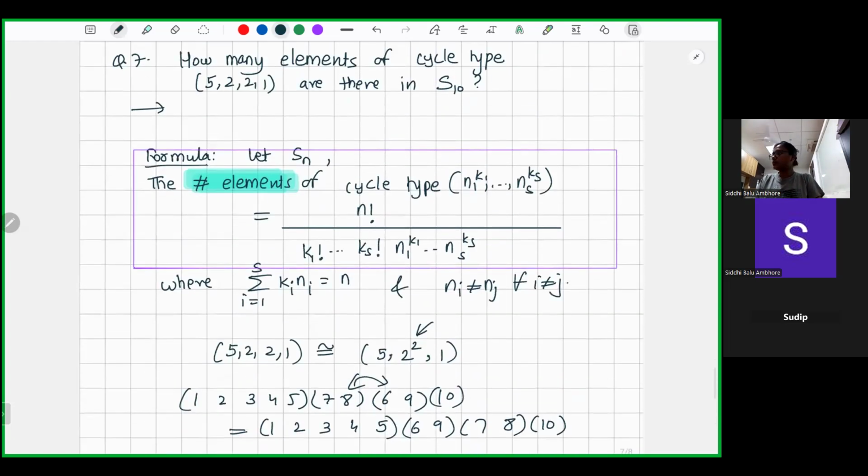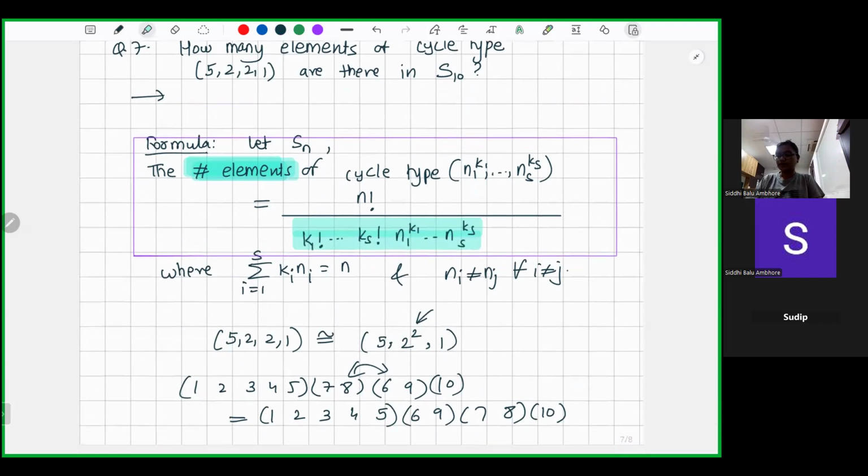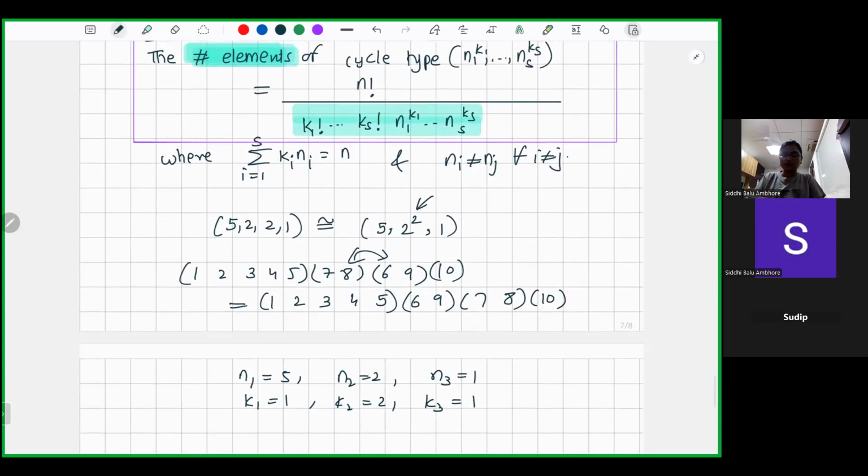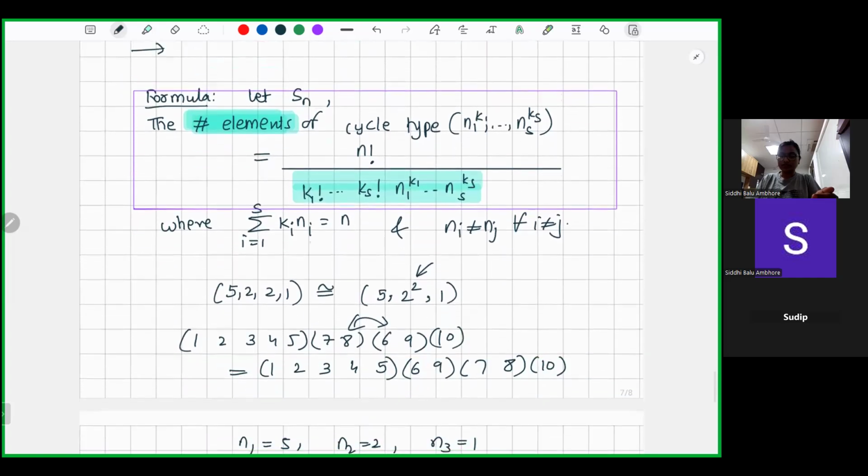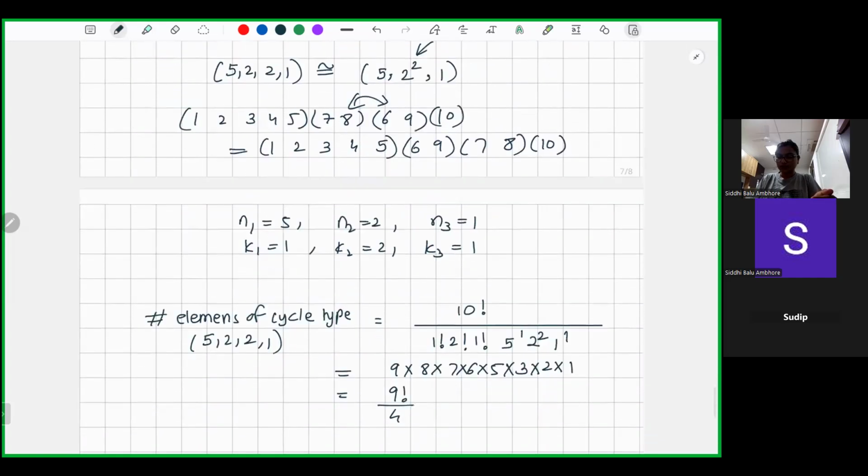Please remember this formula here: we are having factorial of k and then n power k1, the cycle type as it is repeated. So this was one more example which I wanted to do. I hope this was clear.